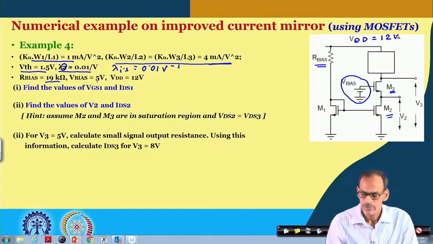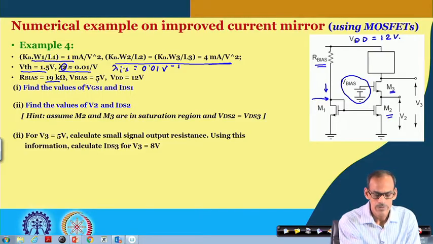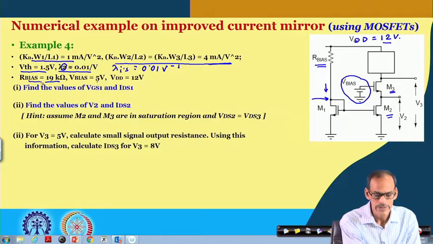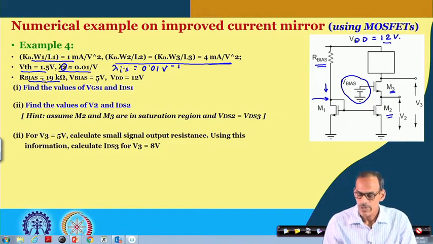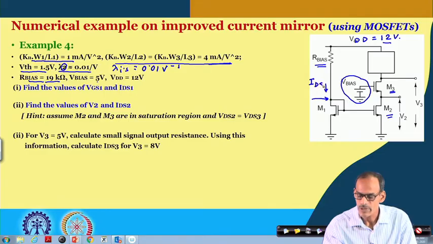Now, we need to find the value of VGS1 and the current flowing here, from the 12 volt given to us and R bias given there. As we have done in some of our previous examples, this current IDS1 creates a drop here, and after subtracting this drop, VR bias, from the 12 volt supply, it gives us the VGS.